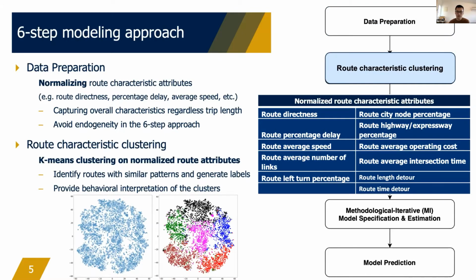Unlike previous studies in which clustering is applied to identify the route choice set for each origin-destination pair, our clustering step identifies observed routes with common characteristics. Moreover, the cluster labels can also provide behavioral interpretations to a cluster. The lower figure provides a visualization for different clusters.